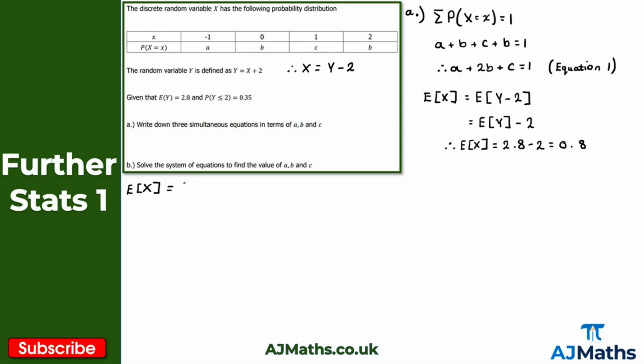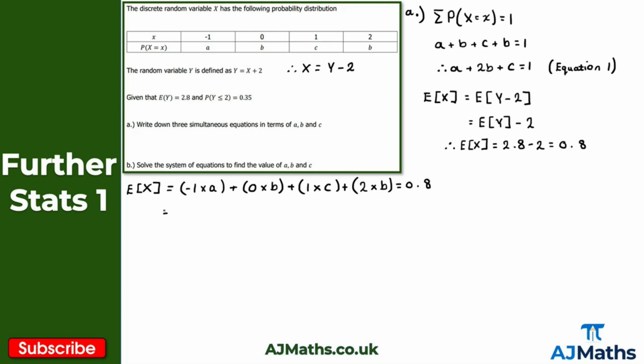Minus 1 times a, we've got 0 times b, which would just be 0, but I'll include it anyway so we can see it in full. Then 1 times c, and finally 2 times b. And we know all of this is equal to 0.8.